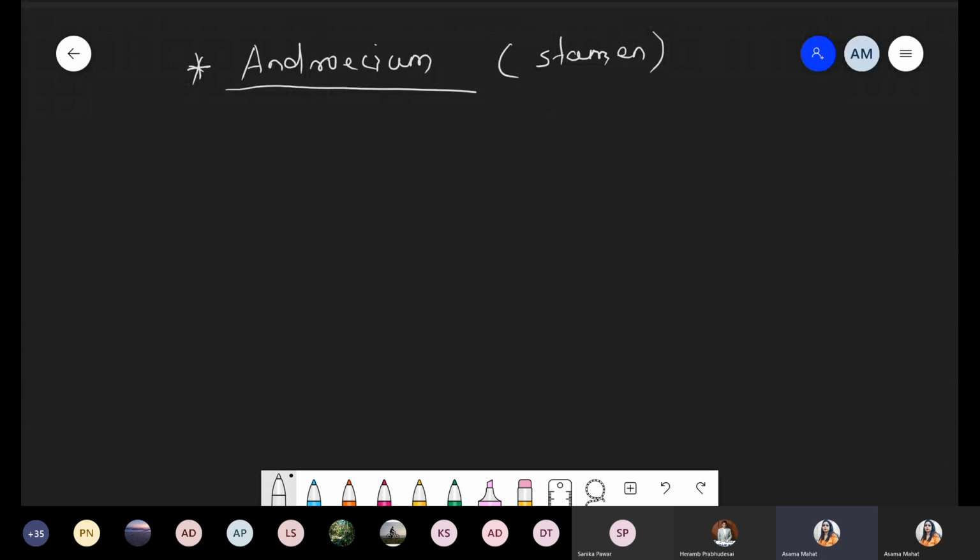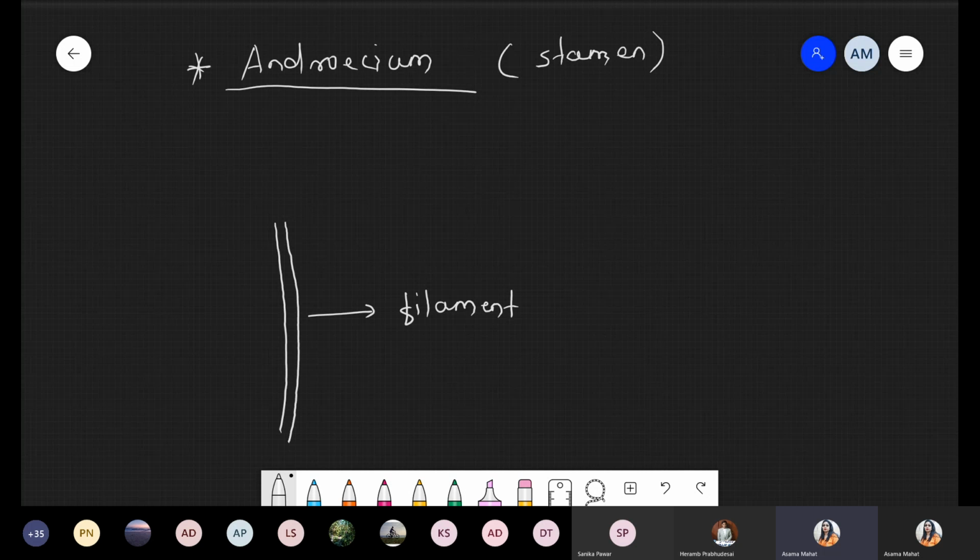Now, if I talk about the typical structure of the stamen or androecium, this is the structure of the filament. The filament is the sterile part. What is the meaning of sterile? Sterile means it does not get involved in fertilization or gamete formation. That's why the filament part of the androecium is called sterile.